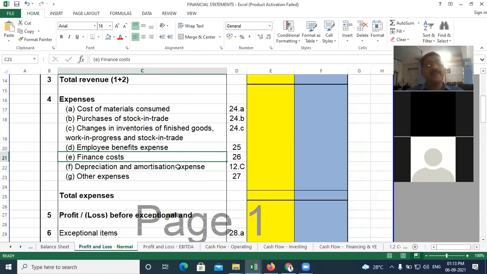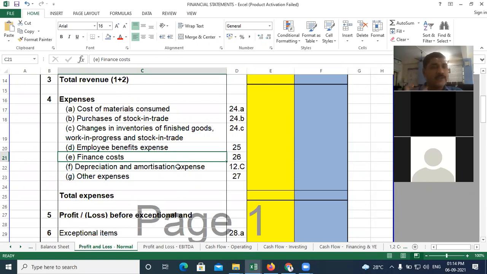So let me explain in that case, what is finance cost? See students, when we are operating a business, we require capital. Not the entire money can be arranged by the promoter or the director. There may be a need to procure finance from the market, to borrow funds from the market. So when you're borrowing money by way of issue of debentures, or by taking loans from the bank, secured loans, unsecured loans, whatever amount we pay towards this is your finance cost.